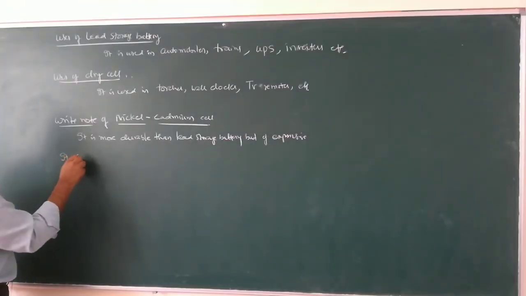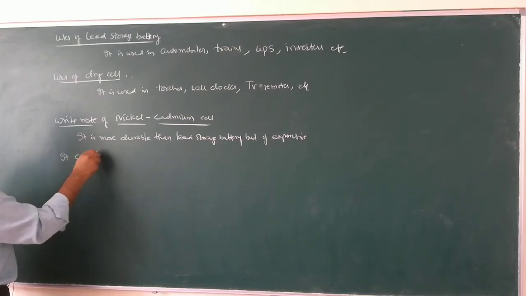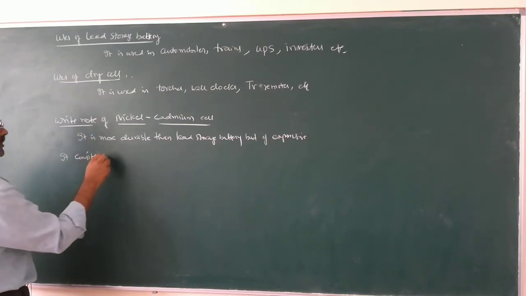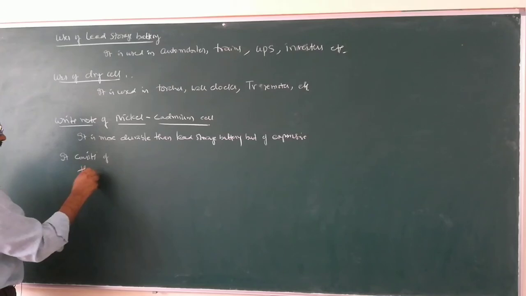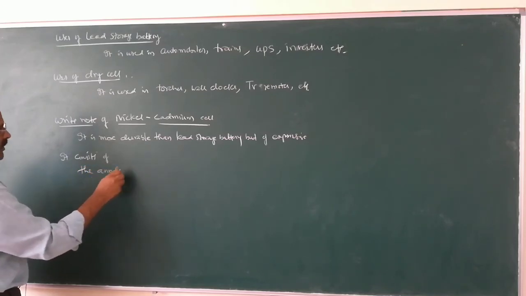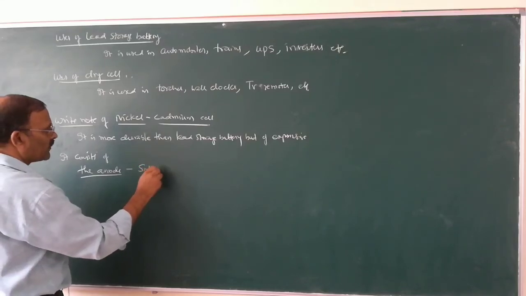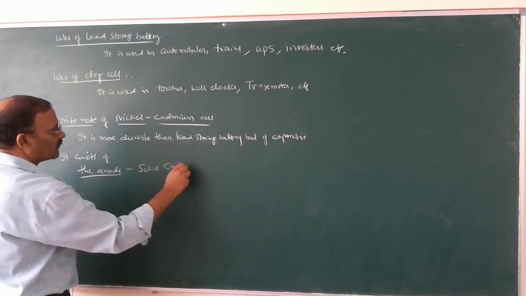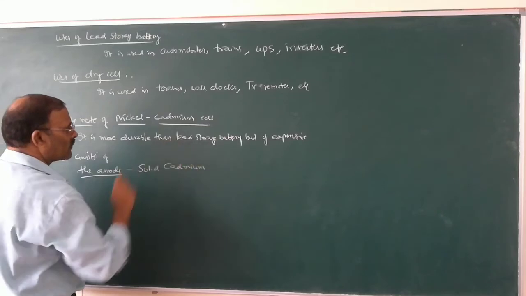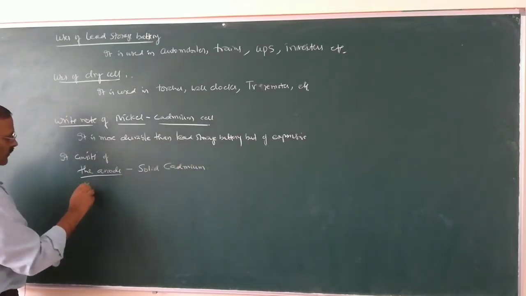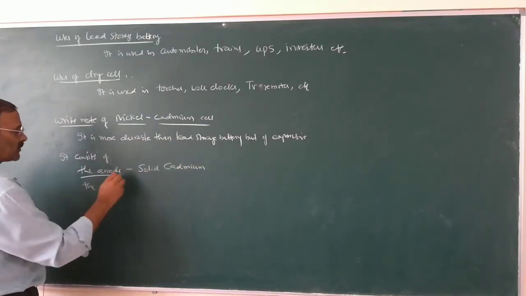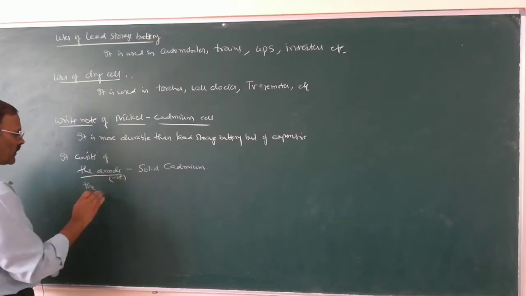Nickel cadmium cell consists of the anode. Which is the anode here? Solid cadmium is used as anode. Anode means negative.